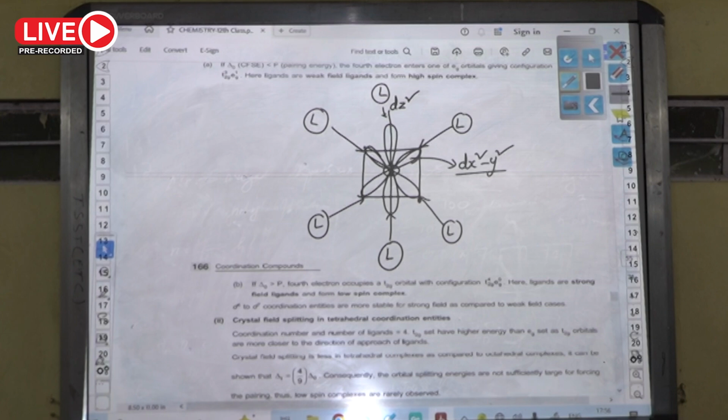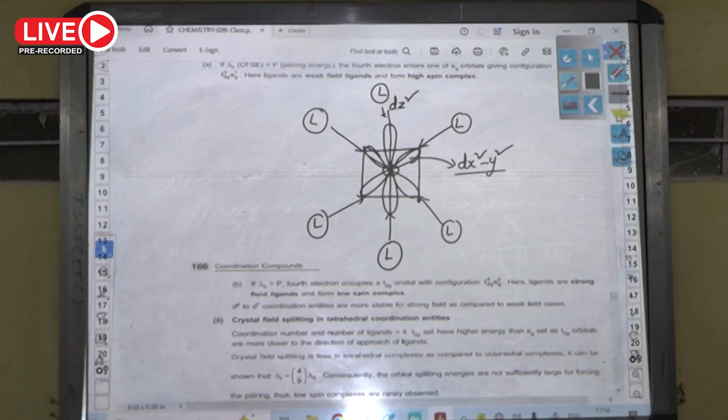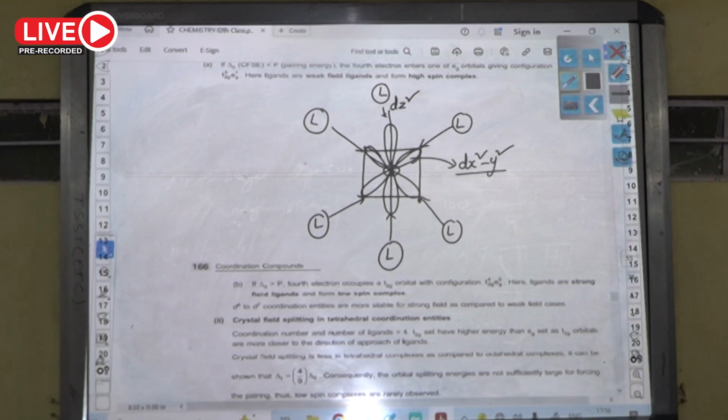Orbital means nothing but the place where the probability of finding the electron is maximum. So electron is negative, ligand is negative, negative repulsions. So out of the 5 d orbitals, which d orbitals face maximum repulsion when ligands are approaching in an octahedral manner? Very good, dz square and dx square minus y square.